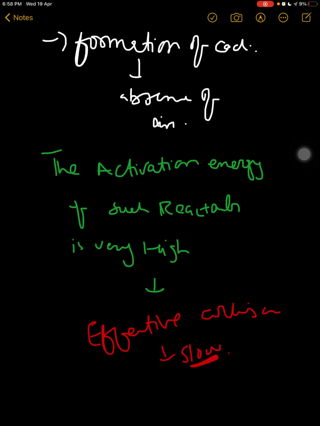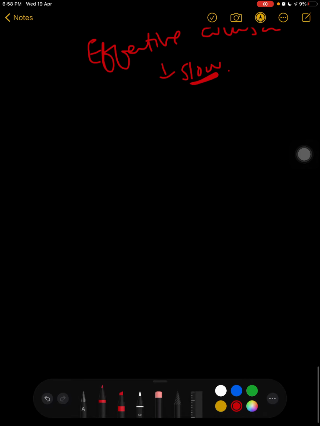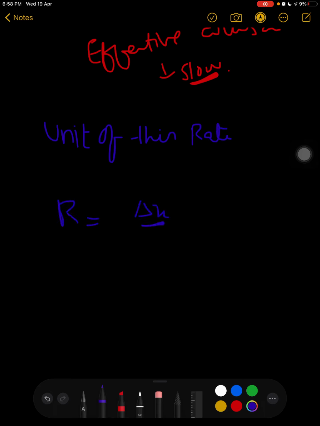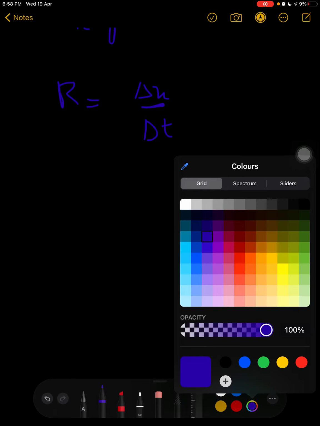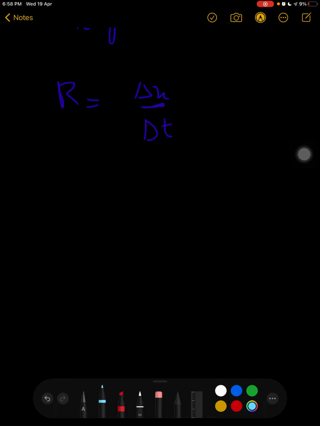Now let's talk about the unit of this rate. We know the formula of rate is del x upon del t. Del x is concentration, and the unit of concentration is mole per dm cube, and the unit of time is second.